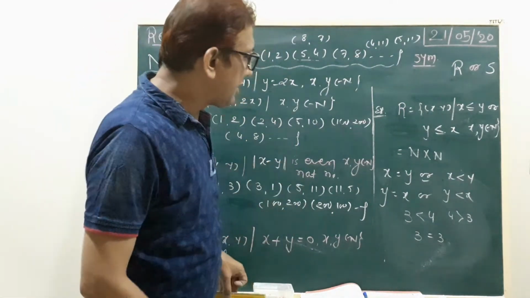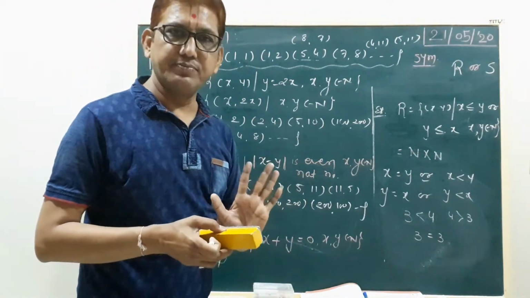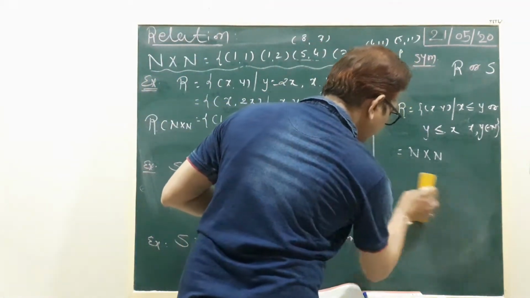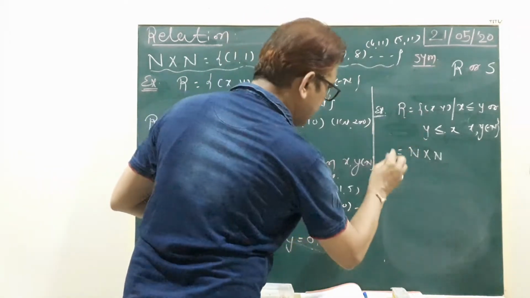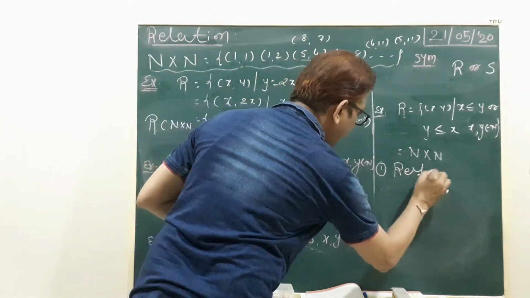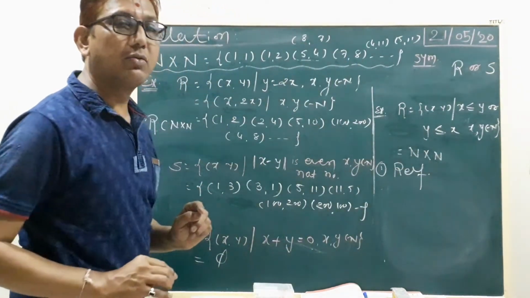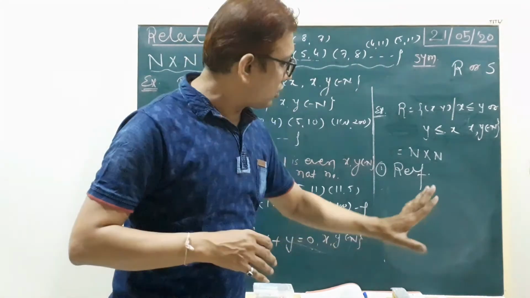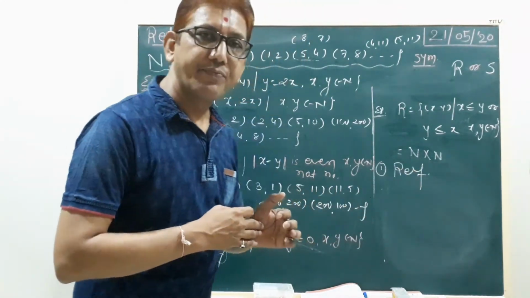Now we explain some properties. Suppose we give an example. The first property is called reflexivity. What's the meaning of reflexivity?